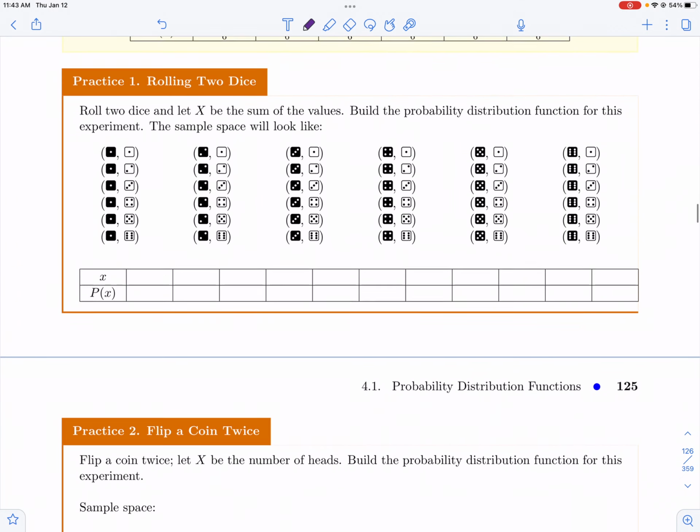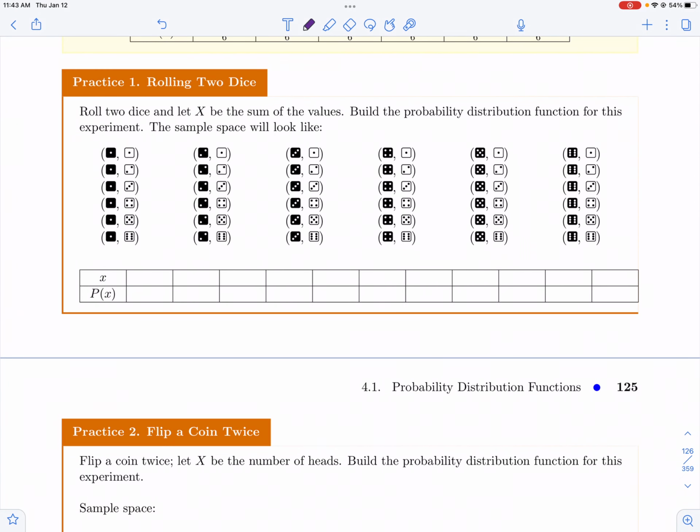So for practice 1, this goes back to when we were dealing with sample spaces of rolling 2 dice at the same time. And so our sample space looks like above. And so our capital X is going to be the sum of the 2 values. So if I look, my lowest possible roll is 1 plus 1, which is going to give me a 2.